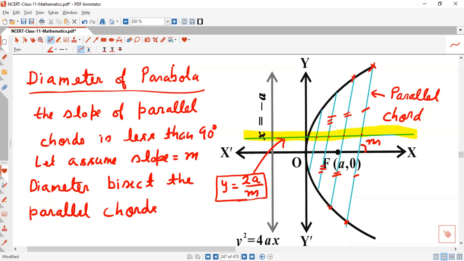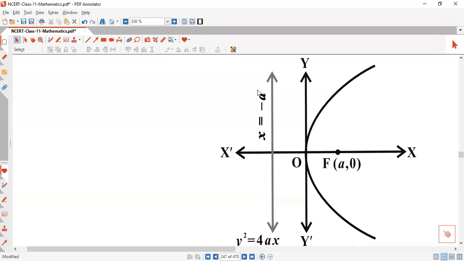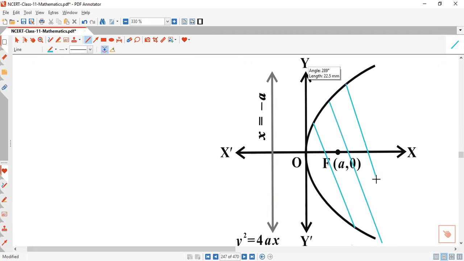I will draw another line and show you another example of this parabola. Suppose our parallel chords are in this way. We have these lines this way, parallel lines, no doubt, on the parabola. All right. Now you see, in this case what is the slope? This slope is more than 90 degrees.